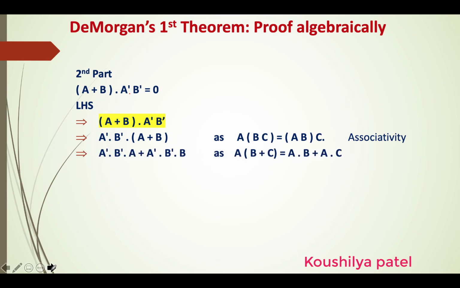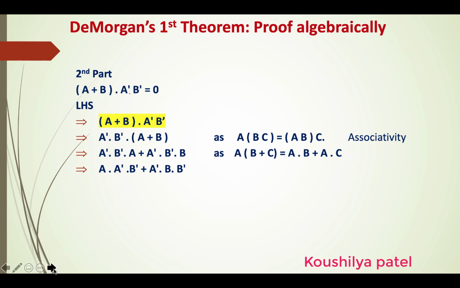Next, we know that A into (B plus C) equals A into B plus A into C. So we do the multiplication and get A into A complement into B complement plus B into A complement into B complement.